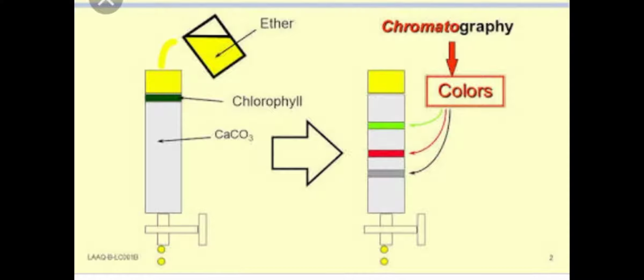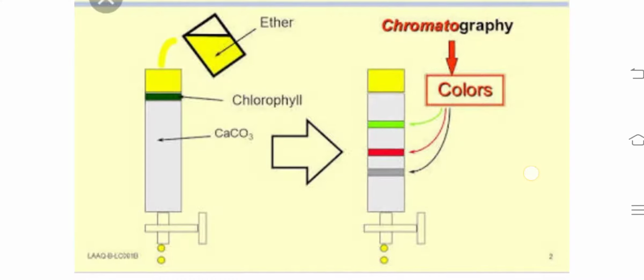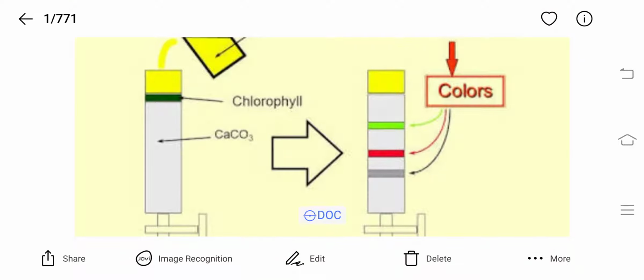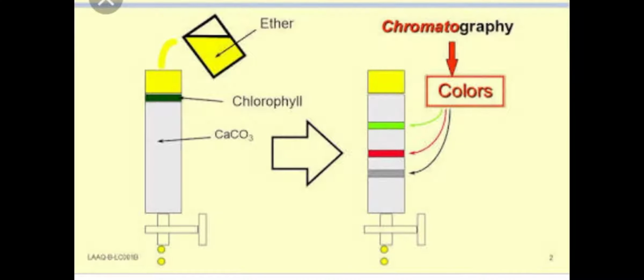Later, Mikhail Tsvet coined the term chromatography. It's a Greek word which means color writing, because he did the first experiment to separate colored pigments from the leaf extract.